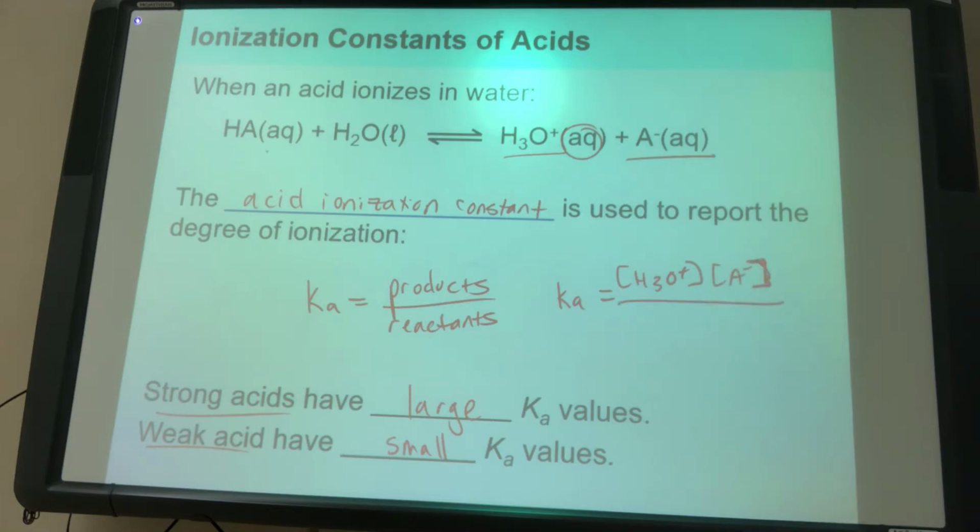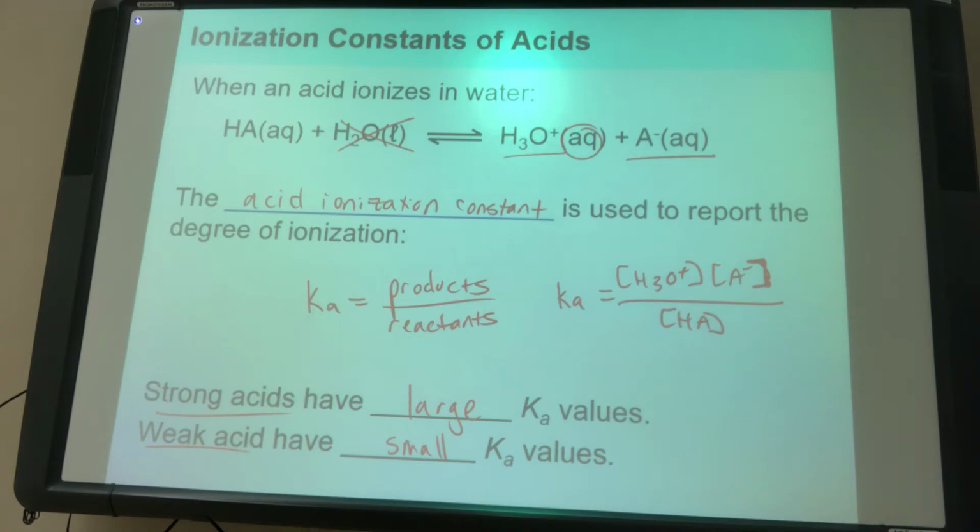Divided by, he's aqueous, so I include him. He's a liquid, so I don't include him. Okay, so that would be my Ka: the concentration of H3O plus times my conjugate base over my acid. So that's how we write it.